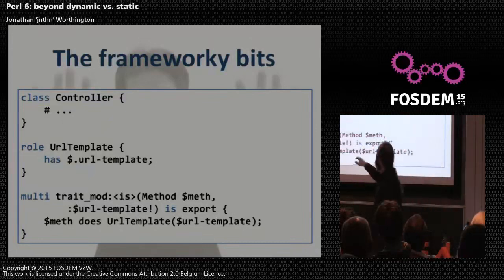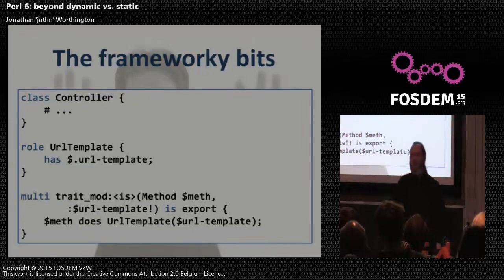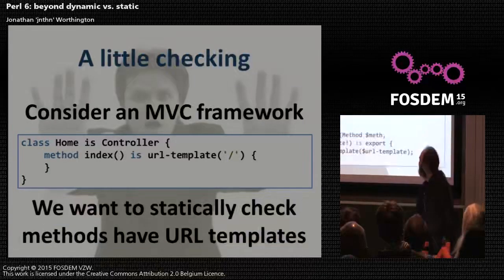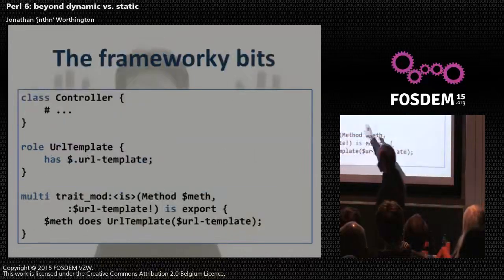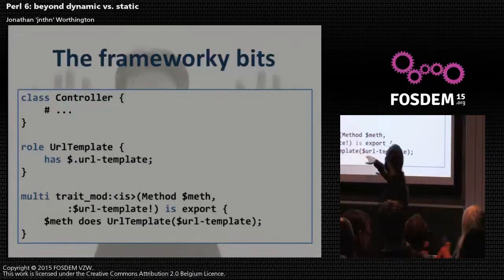And then I actually have a choice how I arrange for it to be called, but the easy way is just to put a named parameter there matching the trait name. And what actually gets passed to that parameter is whatever value is in the parens there. So what I'll then do is take this role. You can actually use them as mix-ins into individual objects as well. So I'll just mix in to the method this URL template.